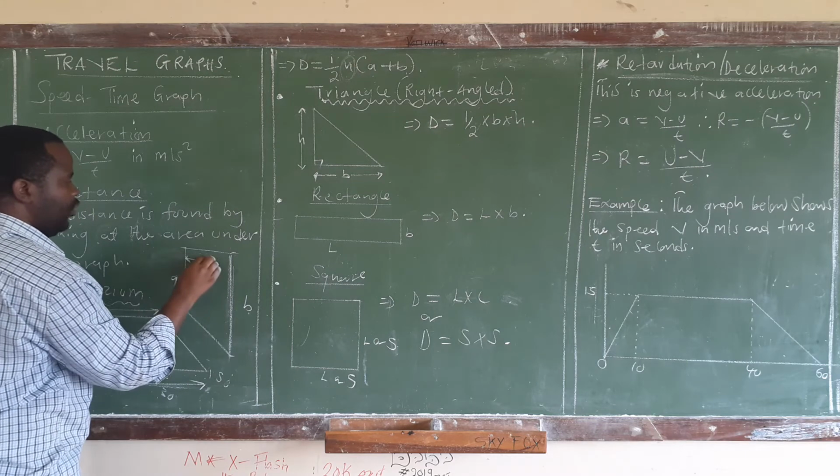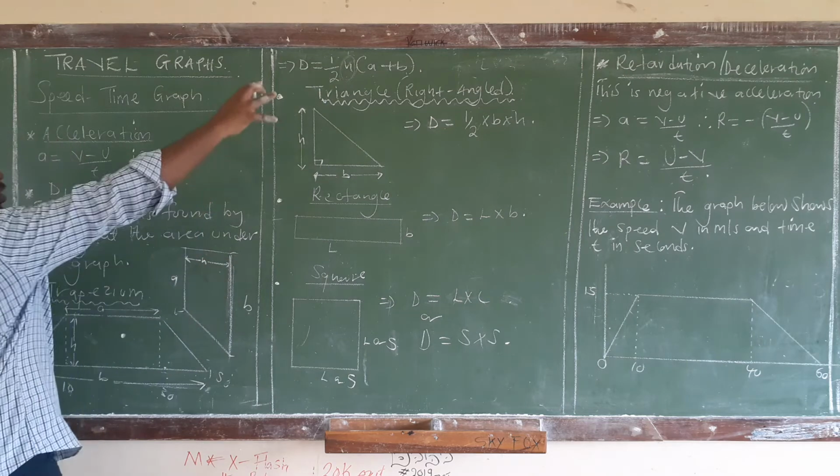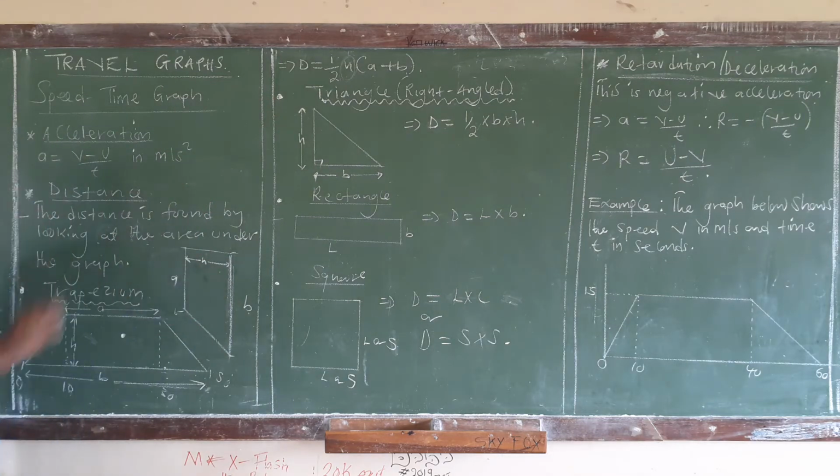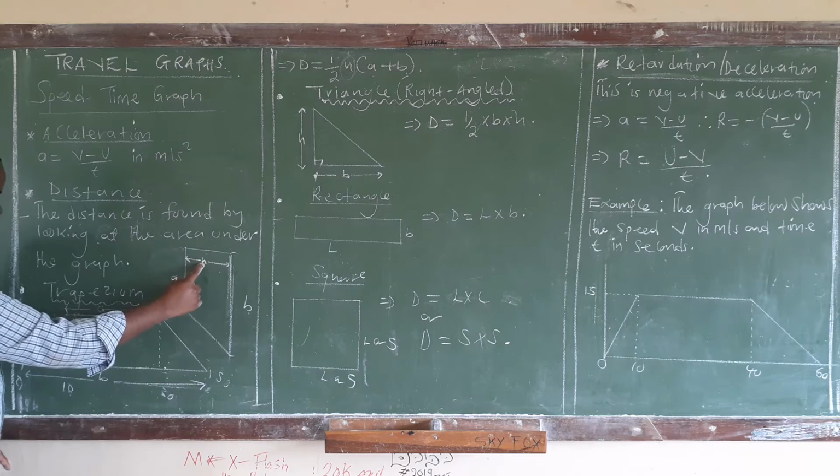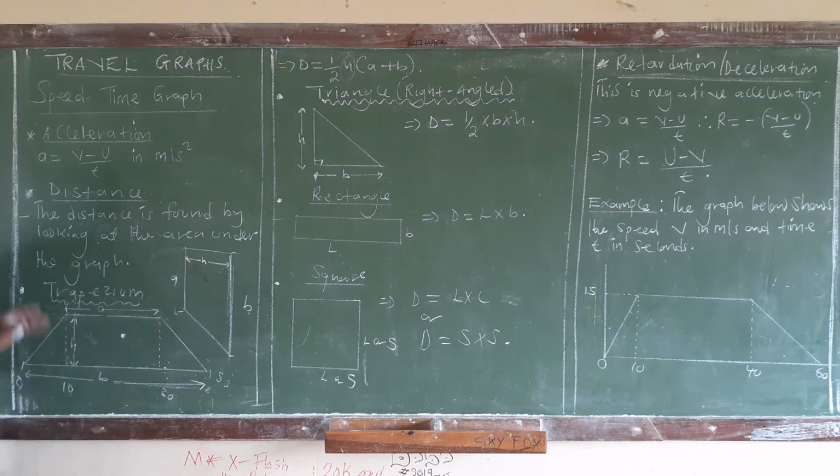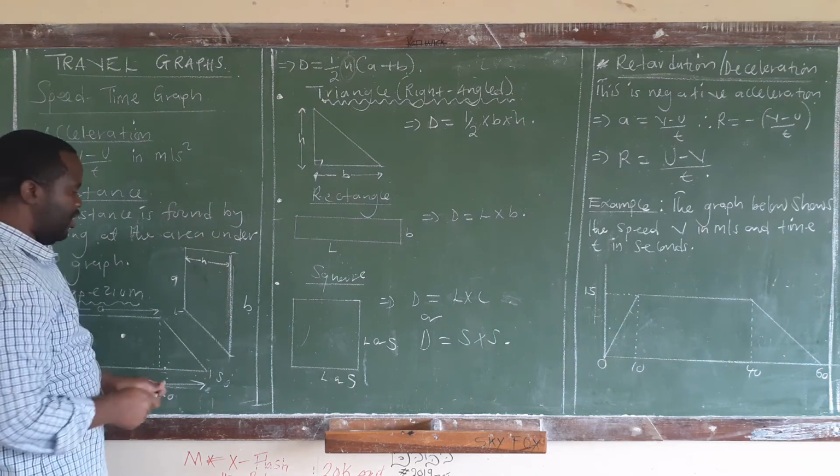So you can still follow the formula for a trapezium to apply on this one to find the distance covered from this point up to that point. So what I'm trying to say is the height here is not that the height always goes up. No. We are saying the height should be able to join these two parallel lines.